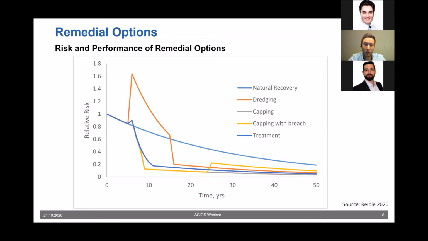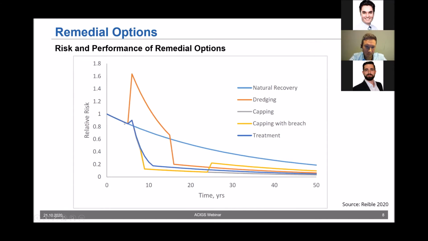And when you have dug out the first meter of the contamination, then the next meter is at the surface, and it might be that after the first meter, the second meter even has a higher concentration of the contaminants than the first meter. Because of all these facts, with the dredging option, for the first time you will have a higher risk because of all this sediment spreading. But then afterwards it quickly goes down and comes down to a very low value.